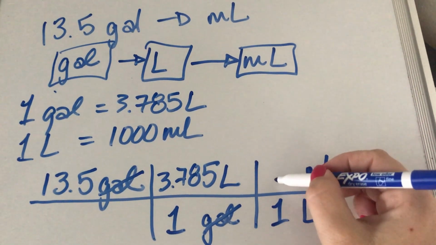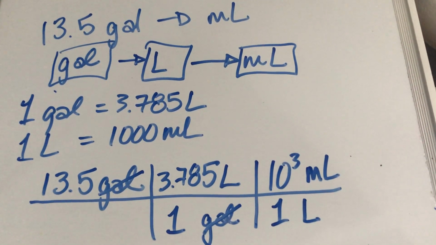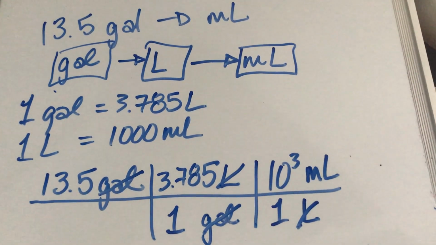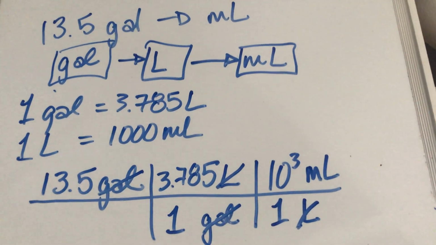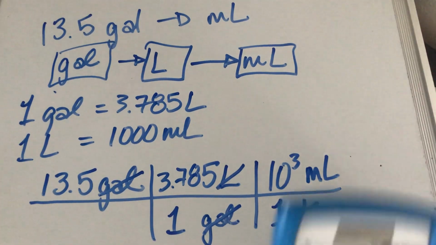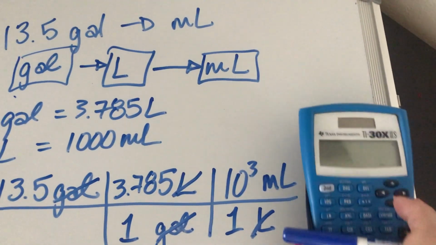And up top? 1,000. 1,000, right? Liters cancels with liters. And so now we just need to multiply, okay? I'm going to show you how I do this in my calculator.